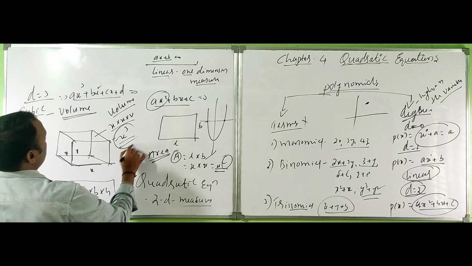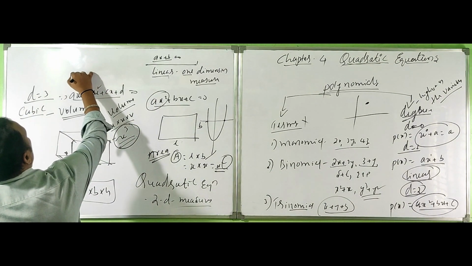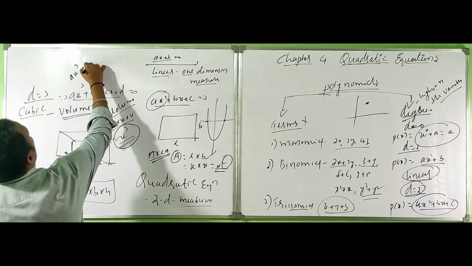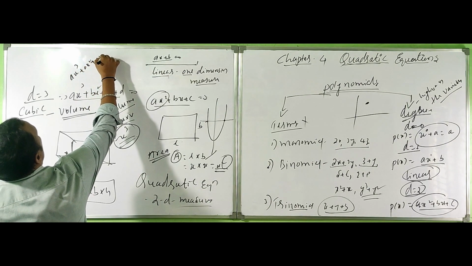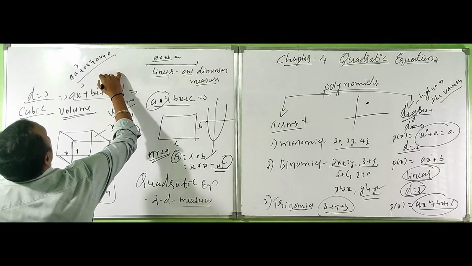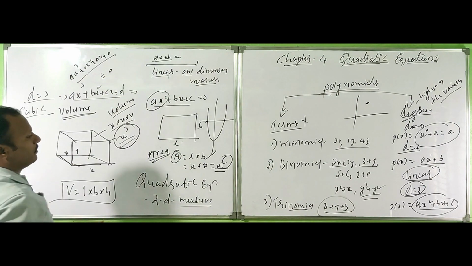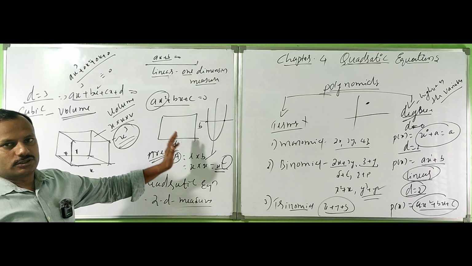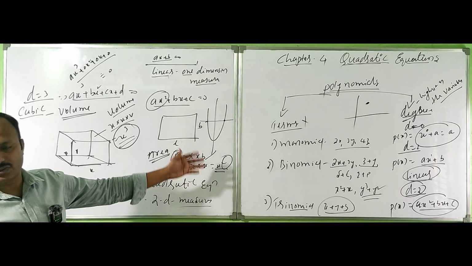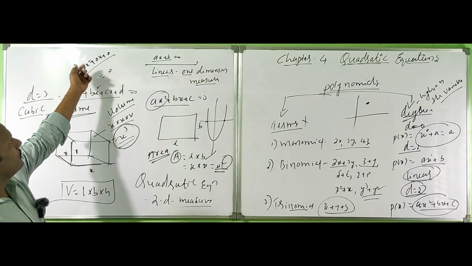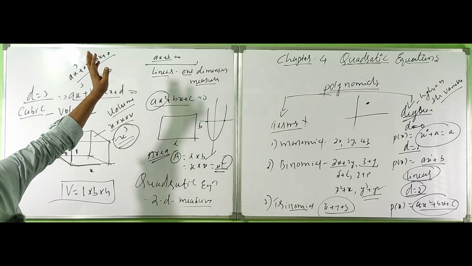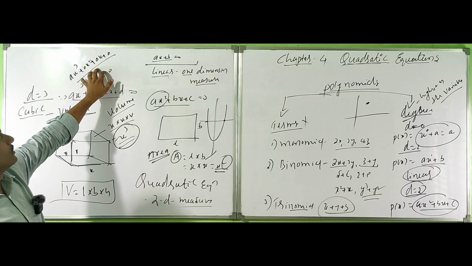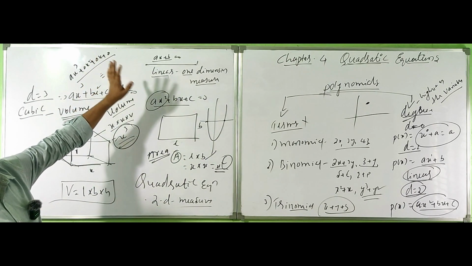Why x cube? You can write ax cube plus 0x square plus 0x plus 0 is equal to 0. Similarly for x square we can write ax square plus 0x plus 0 is equal to 0.